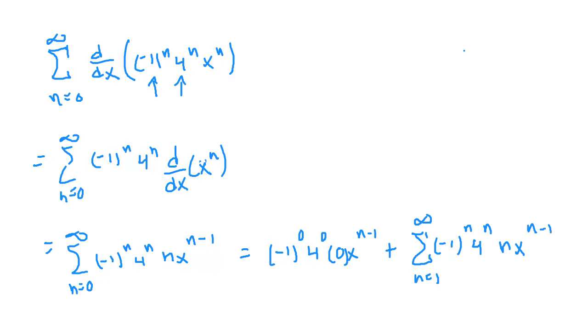And what is this first term equal to, where we had n equals 0? Oh, wait, hold on. I've got to put a 0 here, don't I? Forgot about that. Okay.